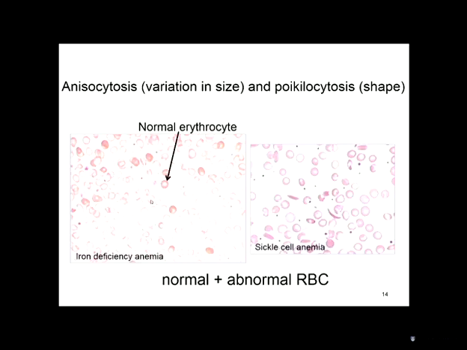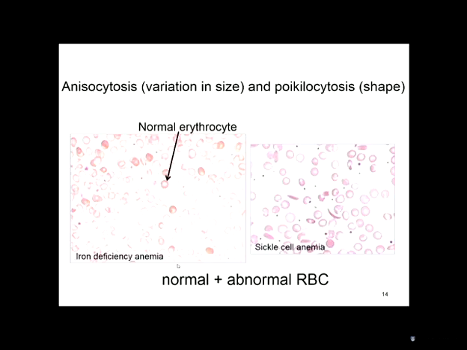First of all, these are hypochromic, okay? These cells have a lot less hemoglobin in them. And there is anisocytosis, variation in size. You can see this is a small cell, this is a larger cell, a large cell here. And if we were to look at the red cell distribution, we'd see that the coefficient actually is high.